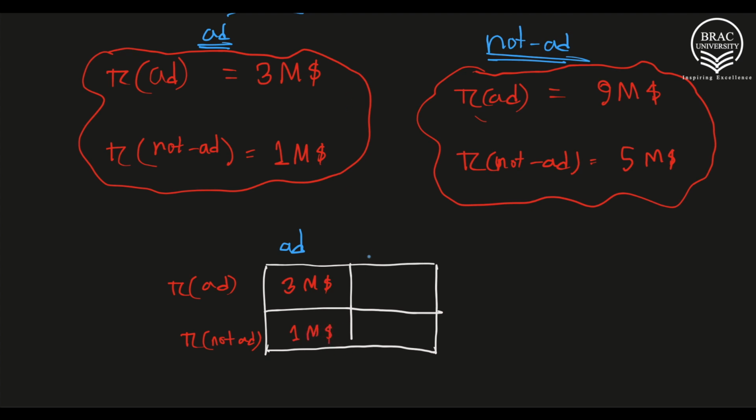And if Pepsi decides not to advertise, then the payoff function would look like $9 million and $5 million. If there are some other variables, for example, this payoff function can vary from one region to another. Say in India, the payoff function might look like this, and in Bangladesh, it might look completely different, right?